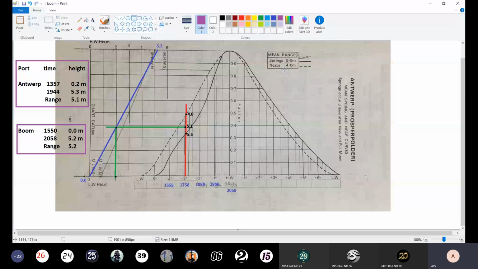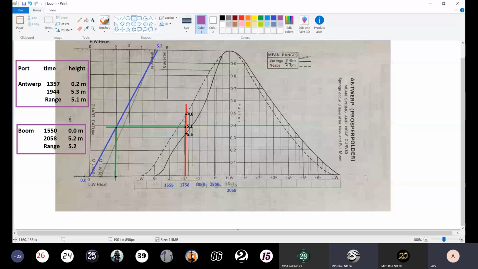So don't you think interpolation should also be done for the range of the standard port? Remember, this curve is not for Boom. This curve is for which place? Antwerp. So you are using the spring of Antwerp, the neap of Antwerp. So interpolation also should be between the range of Antwerp, no?